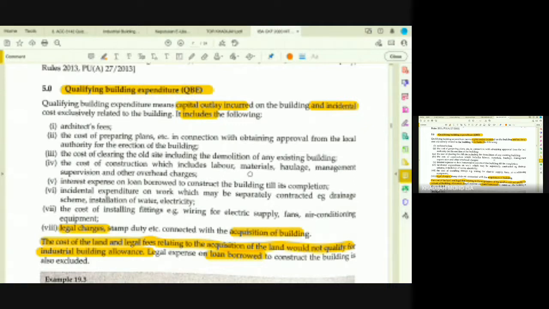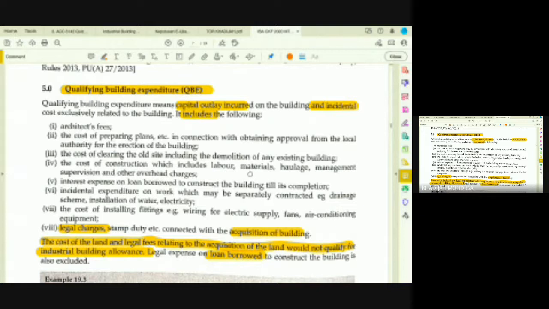So the first one is, what is qualifying building expenditure? It means any expenditure incurred, capital outlay. Capital means that any revenue expenditure is not qualifying, on the building, and any incidental cost exclusively related to the building. When the term includes is used here, it means that it could be more than that, which is not listed here.